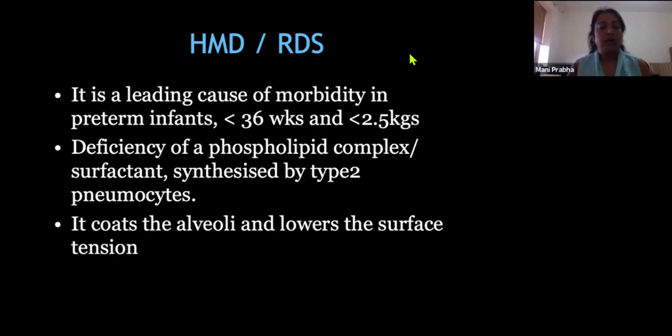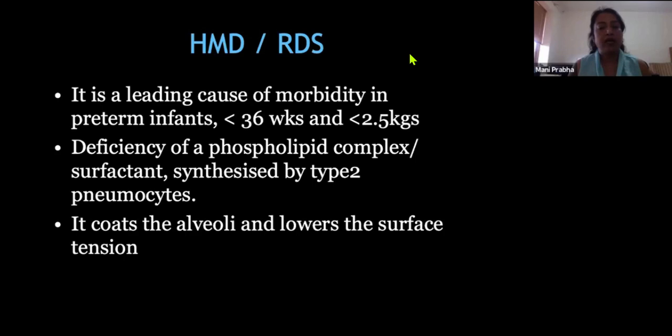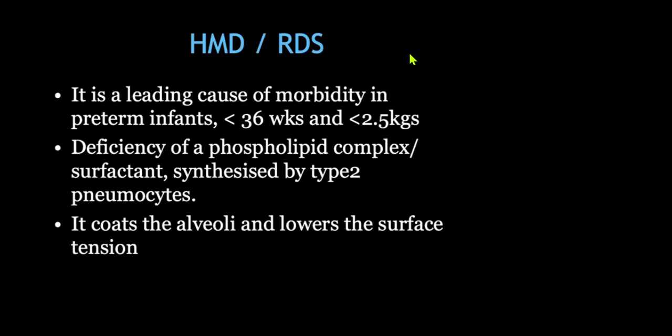So why does it happen? It is due to deficiency of a phospholipid complex known as surfactant, which is synthesized by type 2 pneumocytes. It coats the alveoli and lowers the surface tension of the alveoli, and therefore they remain expanded. And it is leading cause of morbidity in preterm infants who are less than 36 weeks and less than 2.5 kilos.